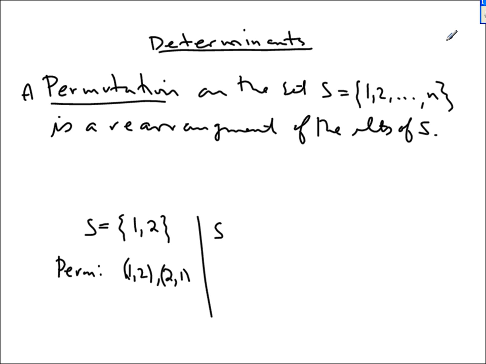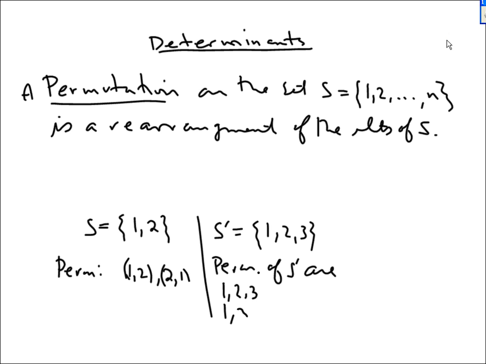If S prime, to be different, is 1, 2, and 3, the permutations of S prime are, you can have 1 first, and then 2, 3, or 3, 2. You can have 2 first, and then 1 and 3, or 3 and then 1.